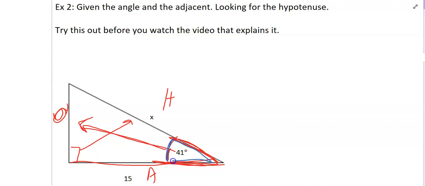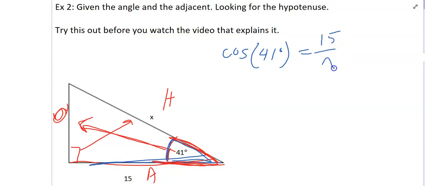So here's our angle. We're looking at the cosine of 41 degrees. Cosine of 41 degrees equals adjacent 15 over hypotenuse, which is x. And again, we got that because of the CAH part of SOHCAHTOA.